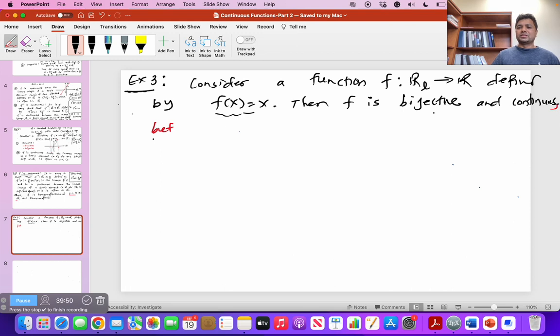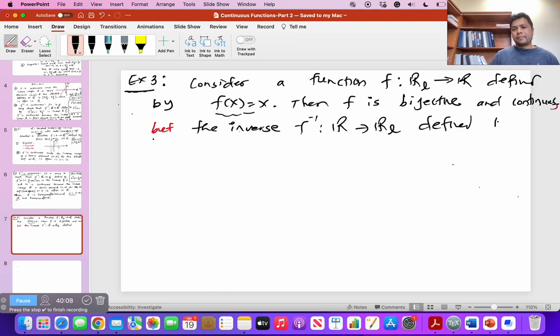So f is bijective and continuous, but the inverse f from R to R_L defined by x equal to x is not continuous. We have seen in our previous video that if you define a function from the standard topology on R to the lower limit topology using this relation, it is not continuous.